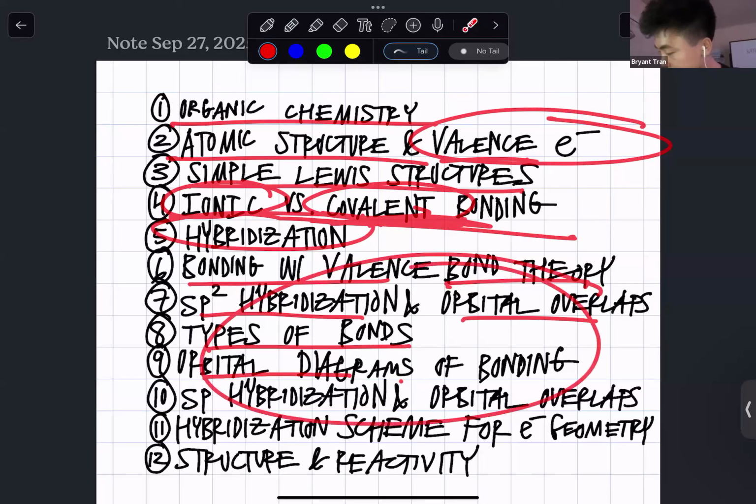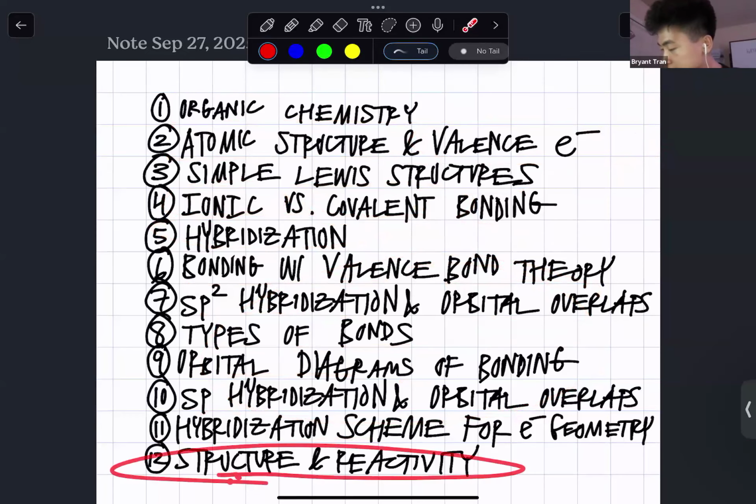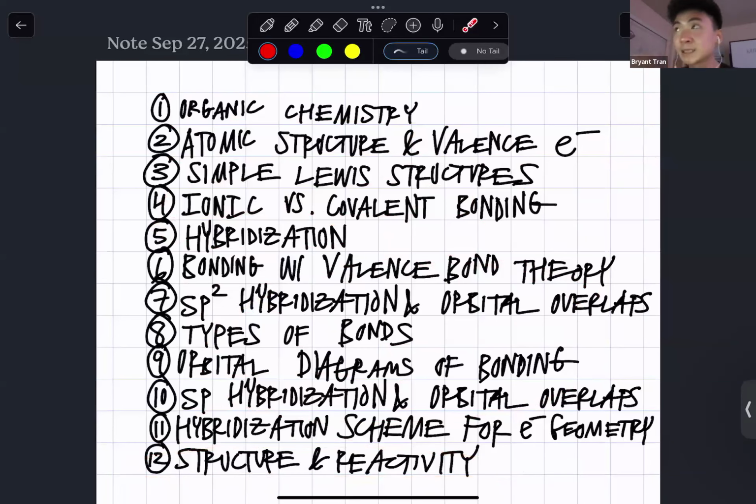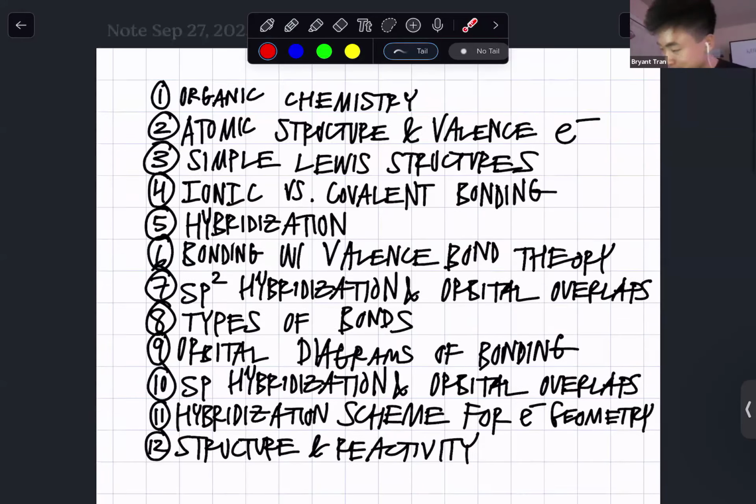So this is all very similar together. Sp hybridization scheme, and then at the very end, he started going over structure of organic molecules and reactivity, like nucleophiles versus electrophiles, and that's gonna start to get into more orgo chem stuff. But basically, this is a review of Gen Chem.